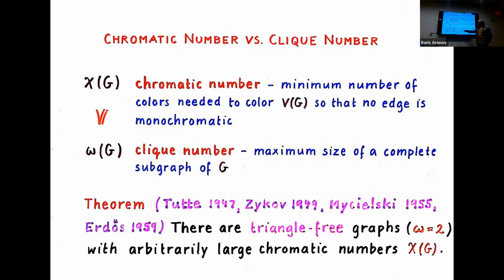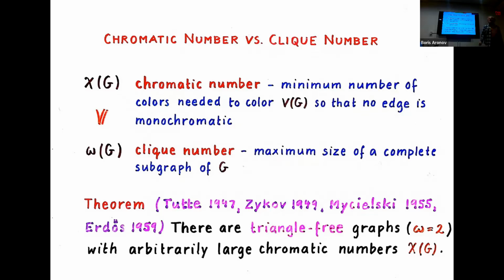Not only that, so what is a triangle-free graph? A graph is triangle-free if it has no triangles. This means no clique of size 3. So it is possible that the clique number is 2, no clique of size 3, but the chromatic number is arbitrarily large.